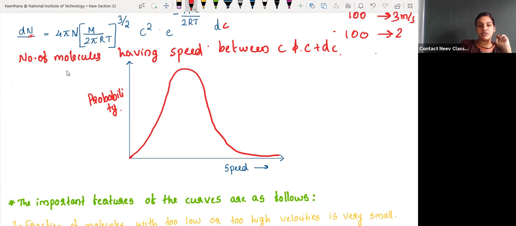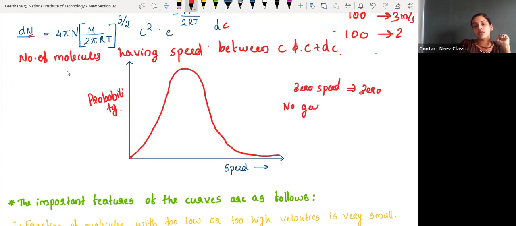It starts from the origin and extends to infinity, which means the probability of having zero speed is zero, which means no gas molecule is stationary.